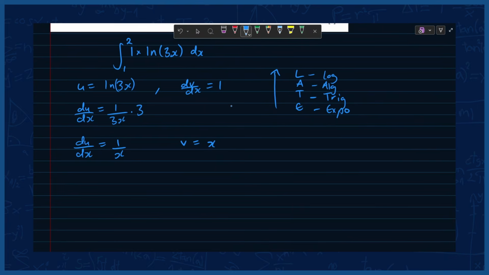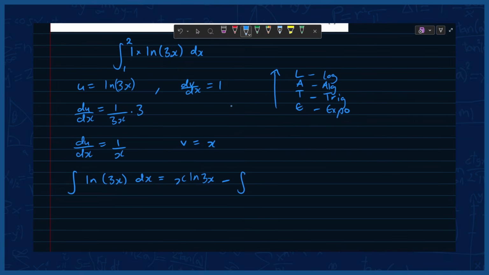And so using the formula for integration by parts, which is in the formula booklet, we can say that, for now I'll ignore the limits, the integral of ln 3x dx is equal to uv. Our u is the ln 3x, our v is the x. So x ln 3x minus the integral of v du.